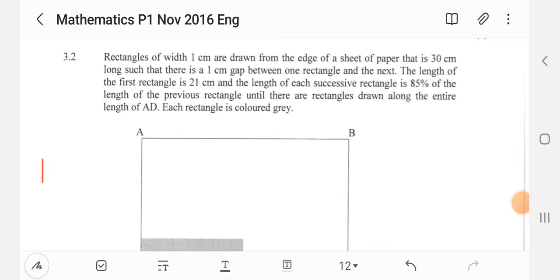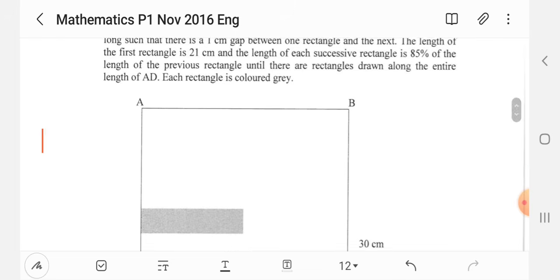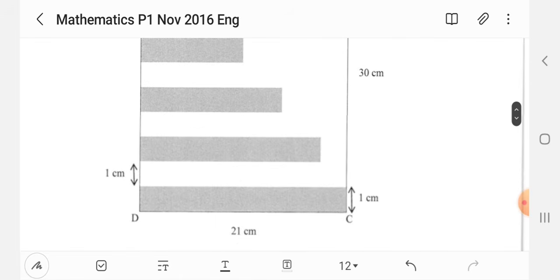3.2 says rectangles of width 1 centimeter are drawn from the edge of a sheet of paper that is 30 centimeters long, with a 1 centimeter gap between one rectangle and the next. So the rectangles are the ones that are gray shaded, and we have a 1 centimeter difference between the different rectangles.